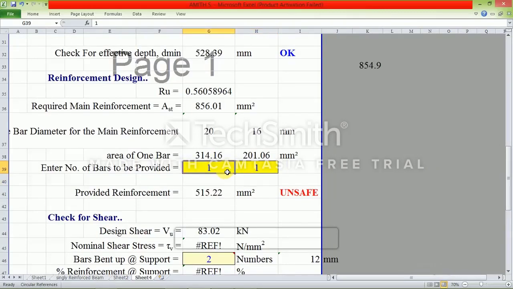If I press 1, it is unsafe. If I press 2, it is safe. If I press 3, again it is safe. While designing, if the format is ready, the only things you need to change are the flexible items marked in yellow. Okay, this is all about the reinforcement design.